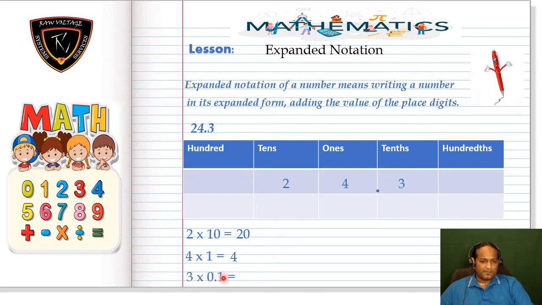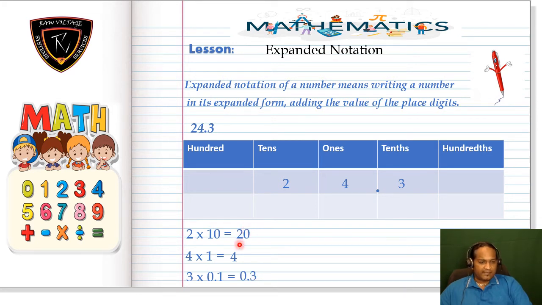We put the 0 in front of the point so we do not get confused. So the tenths place is 0.1, and if we multiply 3 by 0.1, it will be 0.3.